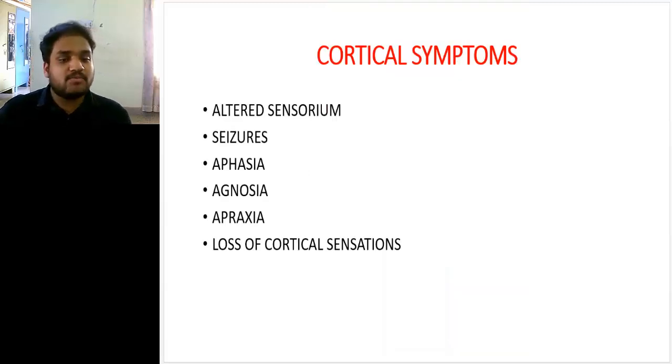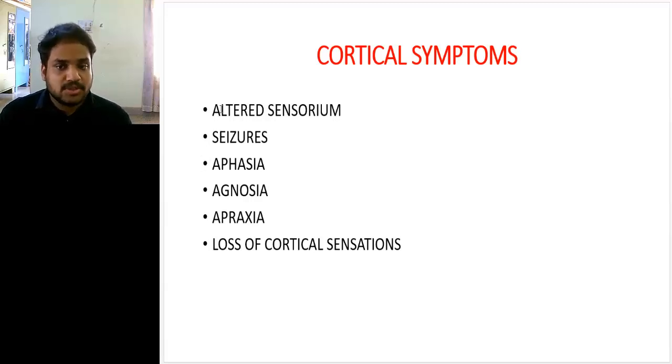Fine. So we have dealt with all four lobes, all the functional areas in those lobes, what the functions of these areas are, and what the after effects of a lesion in those areas are. All this helps you to localize the lesion in the cortex. So a patient has come to you with a cerebrovascular accident. How would we localize that a lesion is in the cortex?